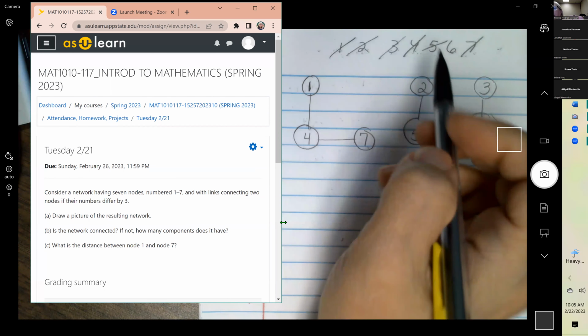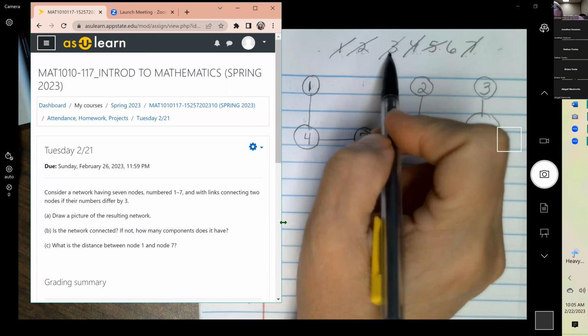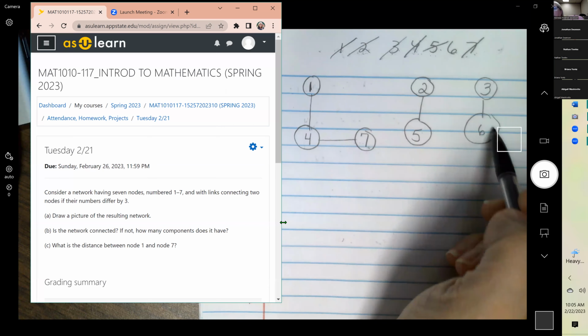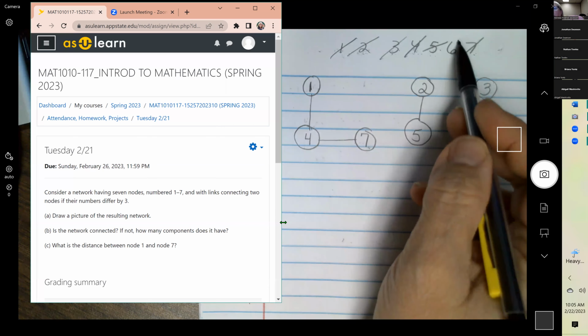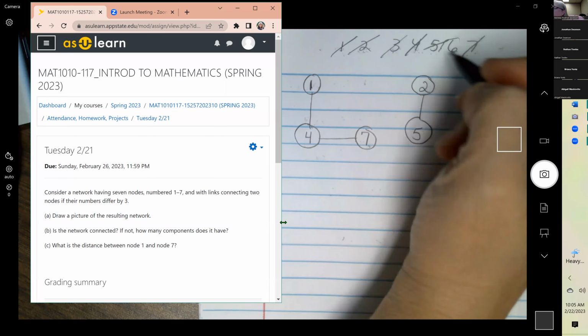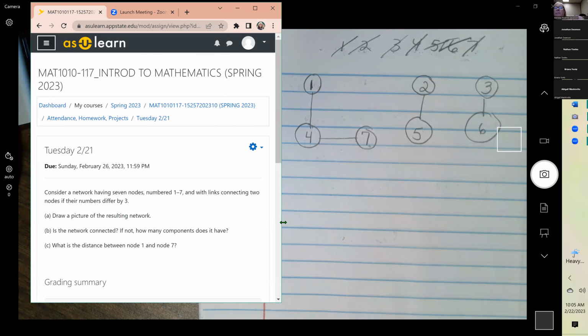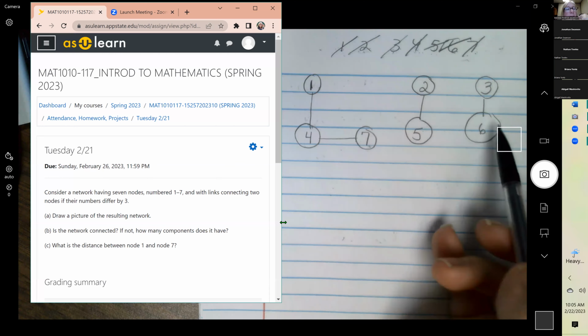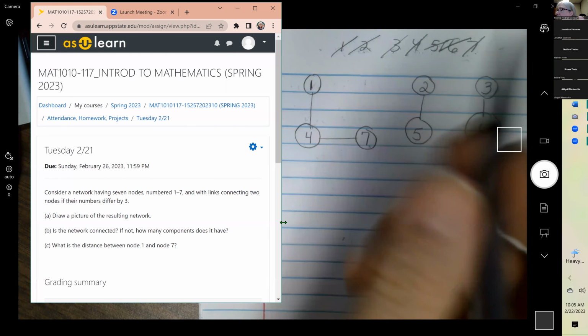Six going down 3, I have the 3. Going up 3, there's no value. So this is it. Any questions on it? Okay, so that would be our picture. That would be part A.